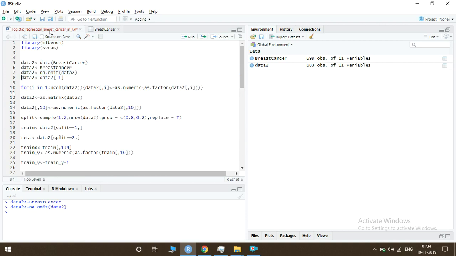We'll look in the data set. Right, so we would remove that column. To remove that, we type data2, and we have removed the column.